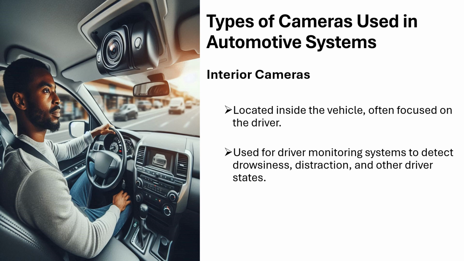All these are detected with image processing algorithms, and if he is not moving, he could be given a little jerk or alarm so that he's awake. Imagine you are driving a long distance and you fall asleep; this system will detect that your eyes are closed and wake you up. So these interior cameras are quite helpful in analyzing and detecting the driver states.